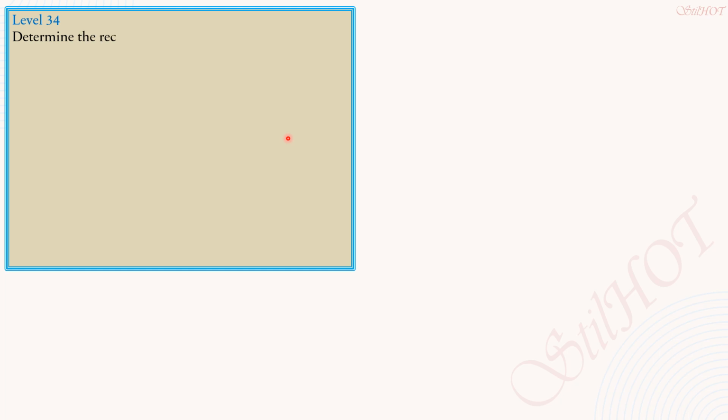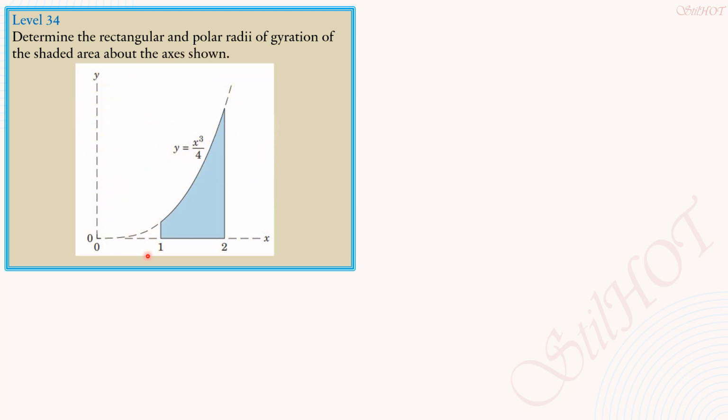Level 34, determine the rectangular and polar radii of gyration of the shaded area about the axis shown. So here is the given figure. Then we use the results from level 4. We developed a formula for moment of inertia with respect to the x-axis and with respect to the y-axis for this general curve.